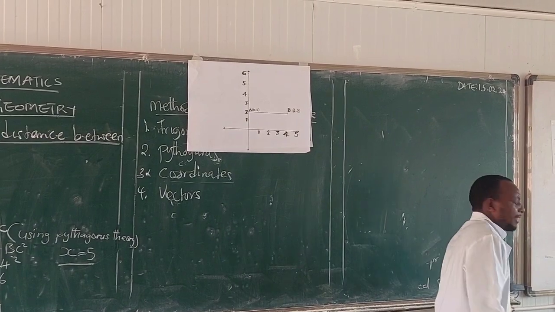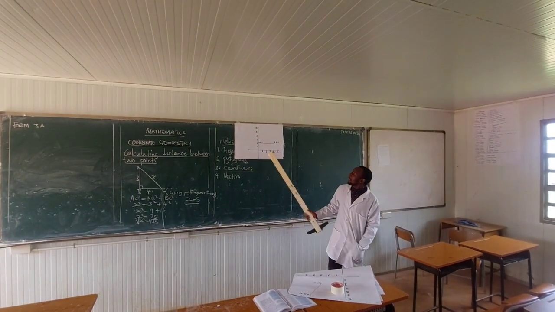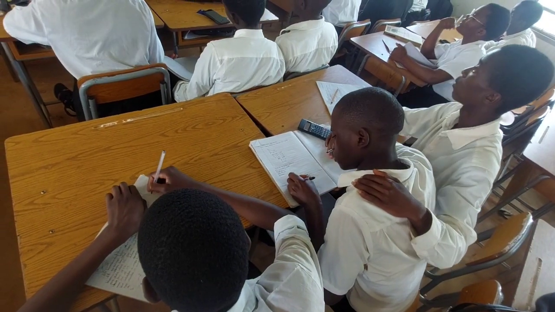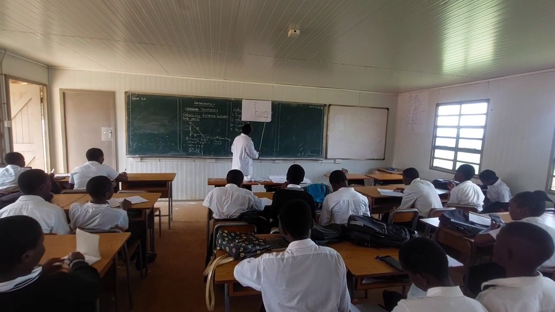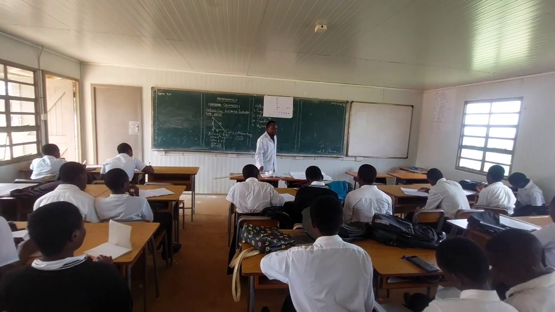Thank you so much. Now, can you take a look here? A line, line AB. Point B is 4,2.